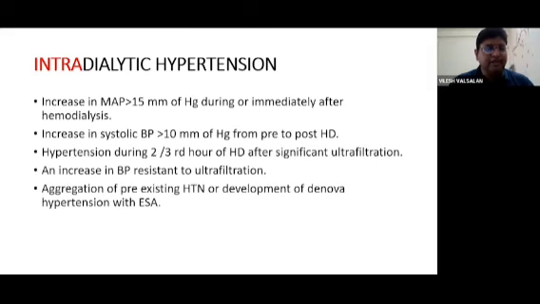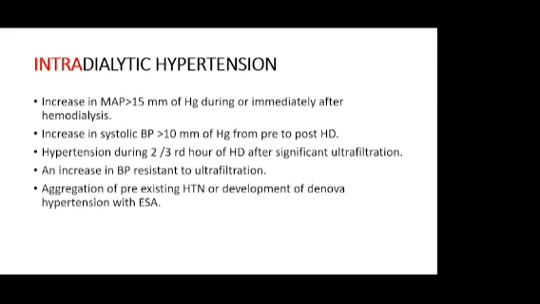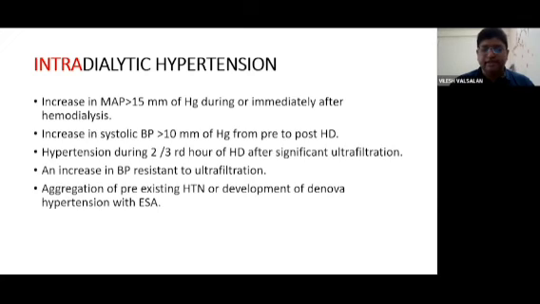You have an increase in blood pressure which is resistant to ultrafiltration. In spite of ultrafiltration, BP is just going up to 160, 180, 210, or existing hypertension is becoming aggravated, or it is caused by other agents like erythropoiesis-stimulating agents.